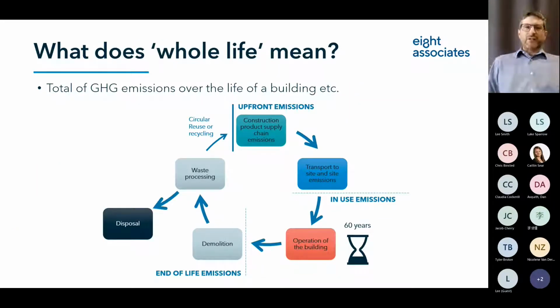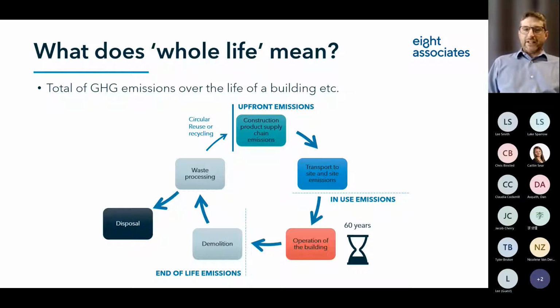So what do we mean by whole life? Really, it's the emissions that occur over this concept of a whole life. It could be a product, or a building, or any kind of object that you can assess. And a bit of terminology, what we call the upfront emissions, you can see there on the diagram.